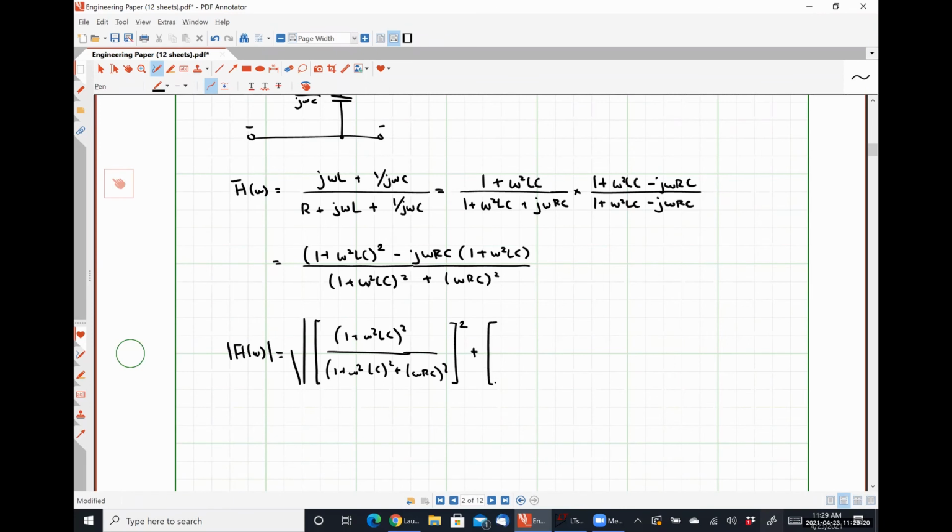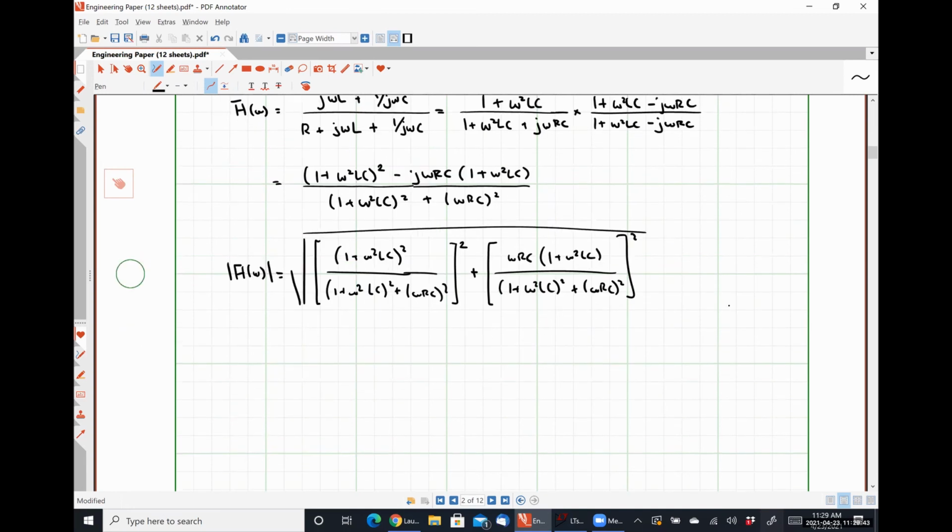And then over here we have the imaginary part, so that's going to be omega RC times 1 minus omega squared LC over the same denominator, 1 minus omega squared LC quantity squared plus omega RC quantity squared.